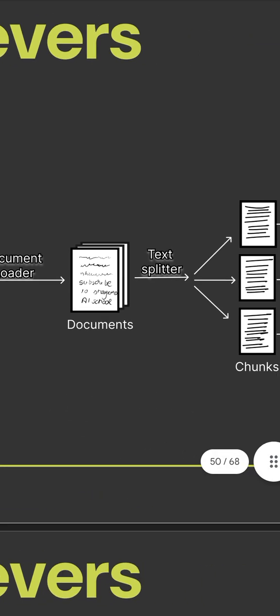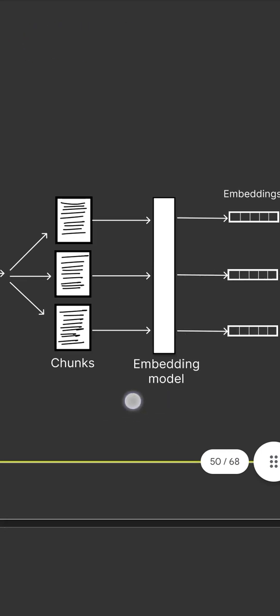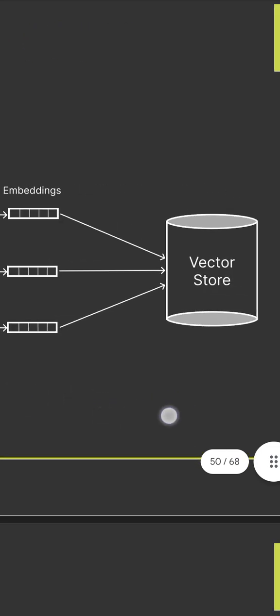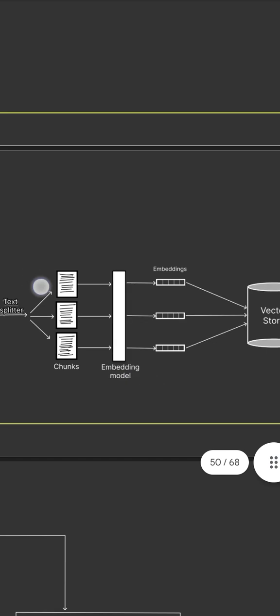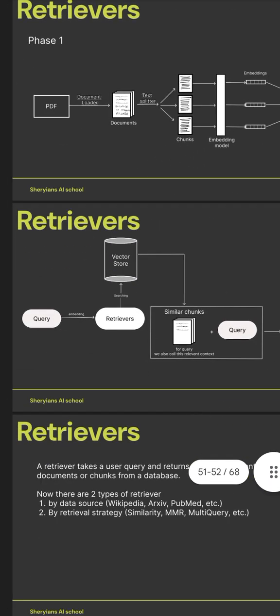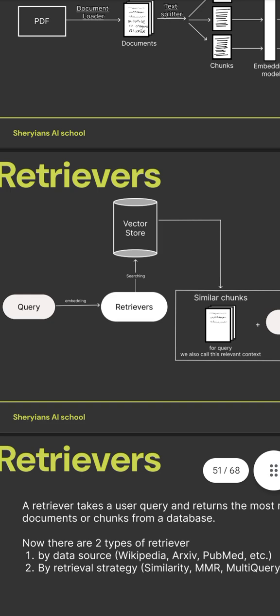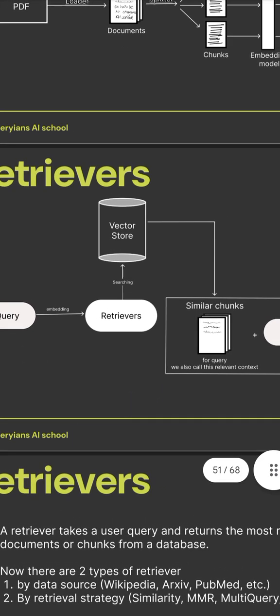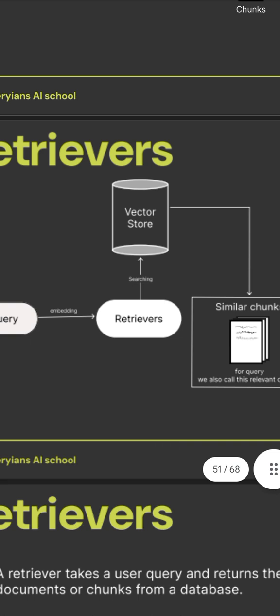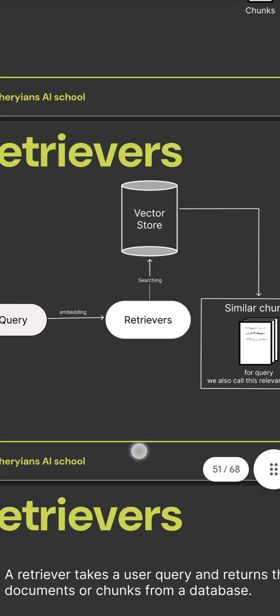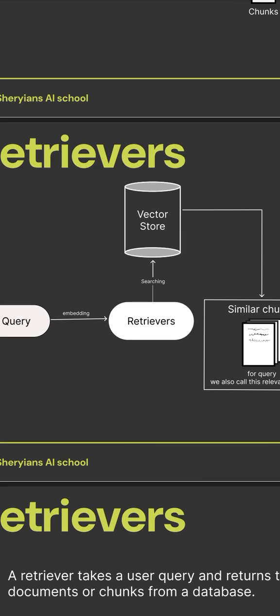Then we have a text splitter which converts it into chunks. The chunks are converted into embeddings, and the embeddings are stored in the vector database. Then we have a query, the vector store query. The query is converted into embeddings.